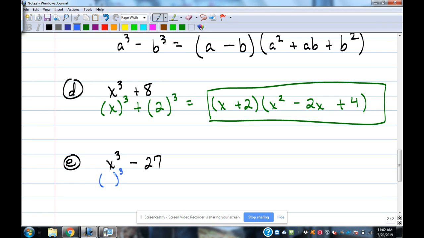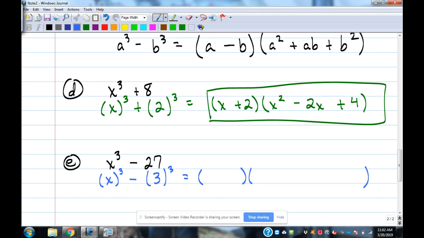It's x cubed. 27 is what cubed? 3. 3 times 3 times 3 is 27, so that's why it's 3 cubed. If that were a 24 there, then it wouldn't factor because 24 is not a cubic number, okay? Because it's 27, it's 3 cubed, it does factor using the pattern for difference of cubes.